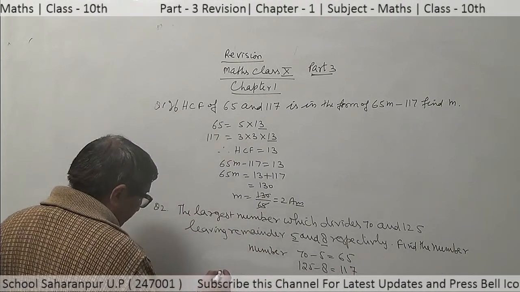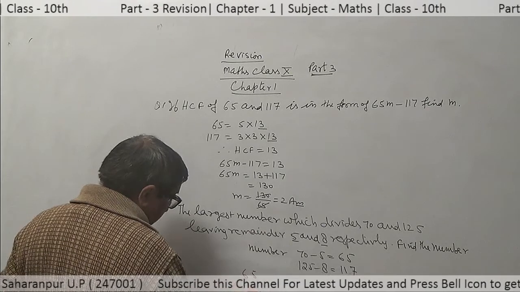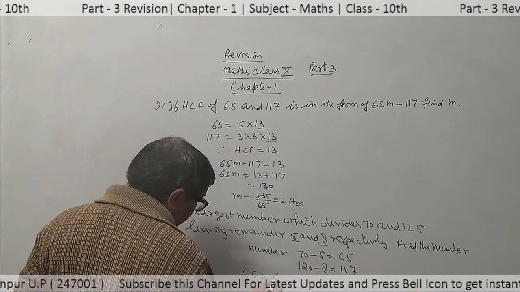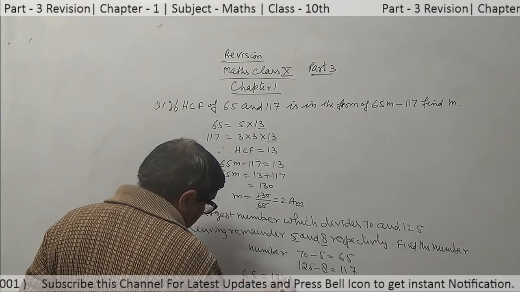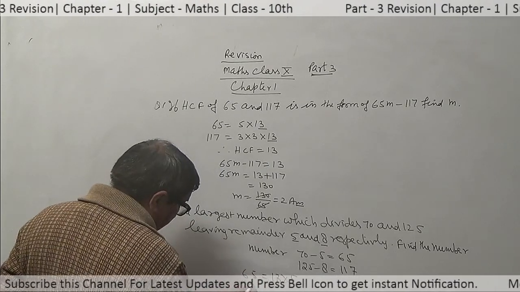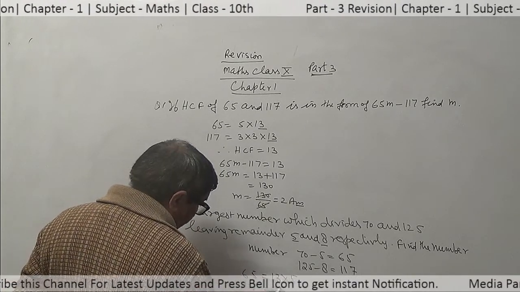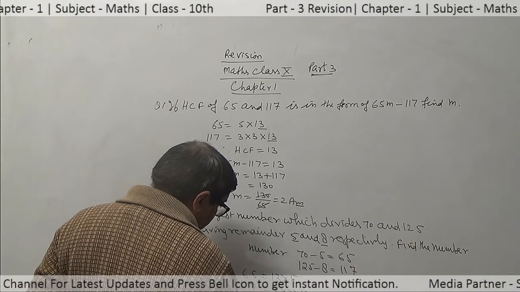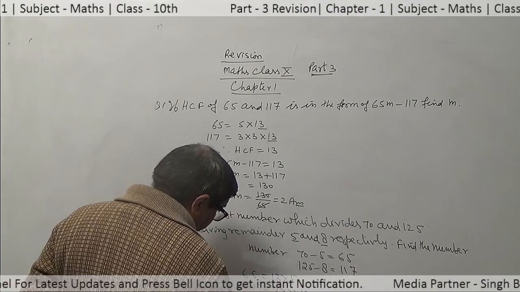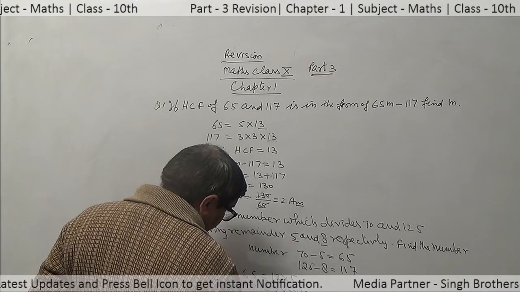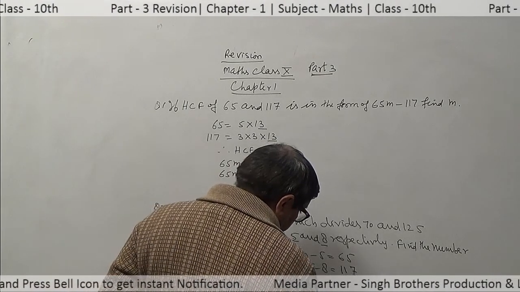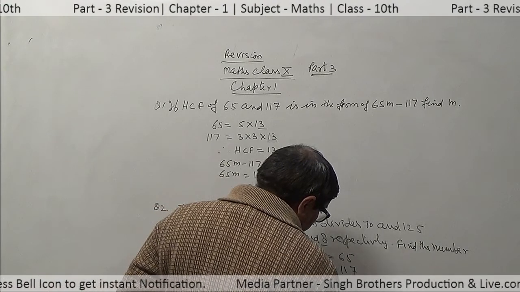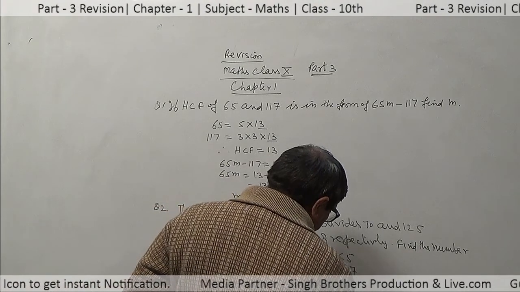Now we will find the HCF of 65 and 117. 65 is 13 into 5. 117 is equal to 3 into 3 into 13. So HCF is 13. Therefore, the largest number is 13.